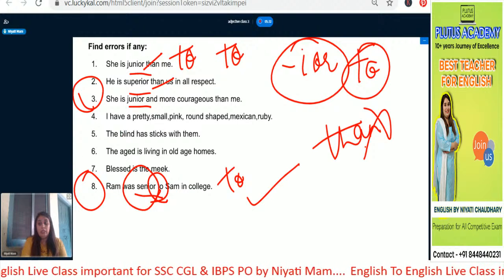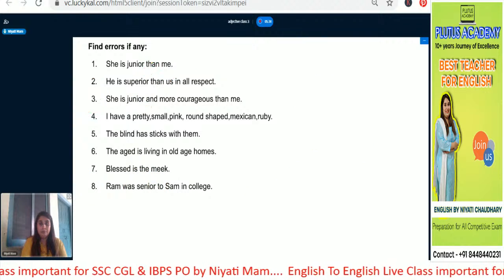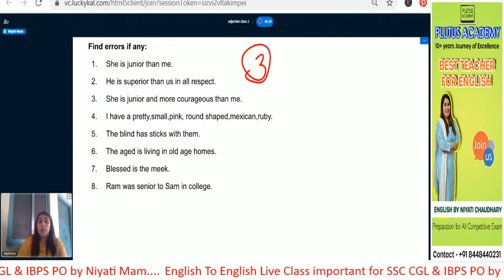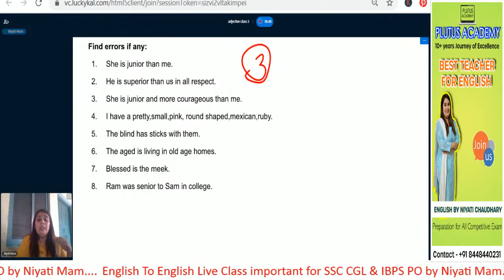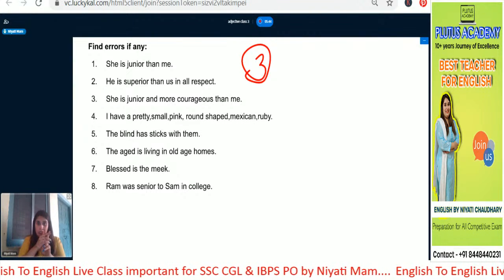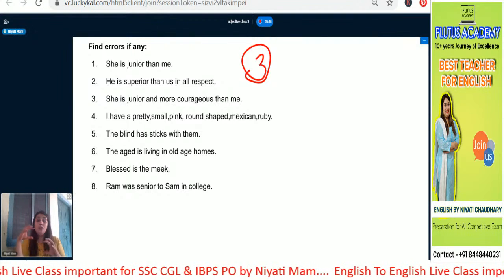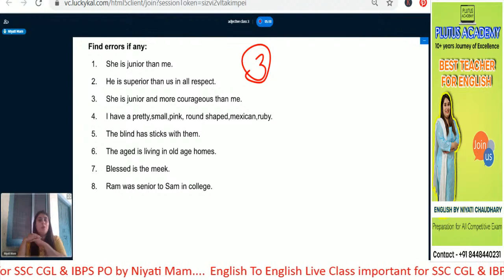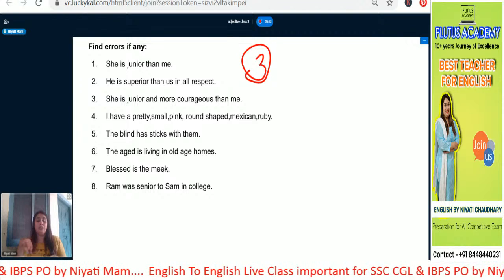Now, let us consider sentence 3. The main thing which you need to remember here is, if there are two adjectives being used for a single noun, listen very carefully, very meticulously.